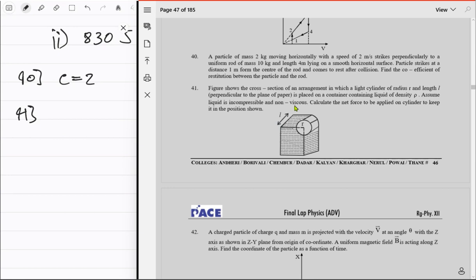Wait, what? समझ नहीं रहा हूँ मैं. Cross section of an arrangement in which a light cylinder. तो ये सिलेंडर लाइट है, ओके, लेंथ L, प्लेस्ड ऑन द कंटेनर. अब कंटेनर कौन सा है? ये कंटेनर ठीक है ना, बट ये तुमने इसके अंदर इंसर्ट किया हुआ लग रहा है. This is very weird, right?